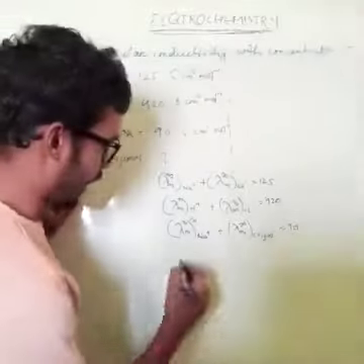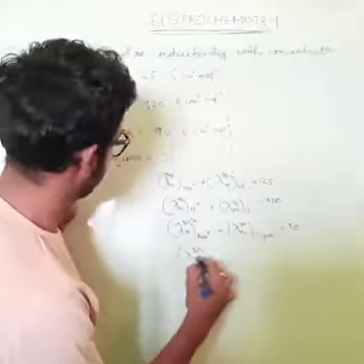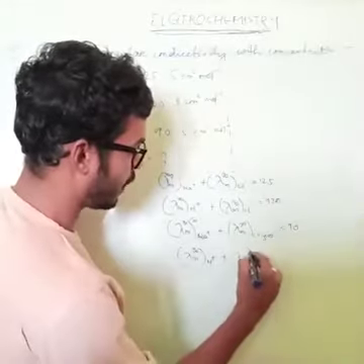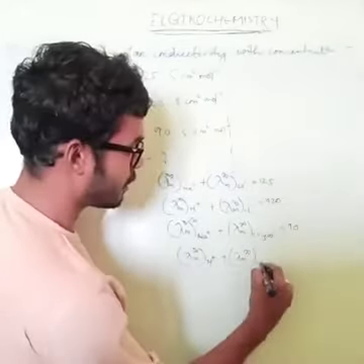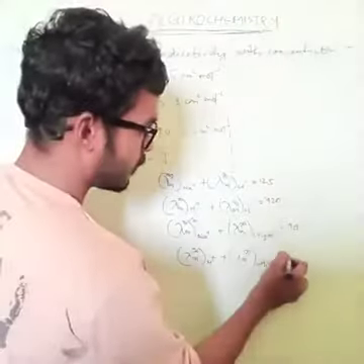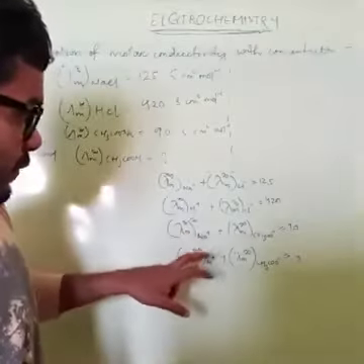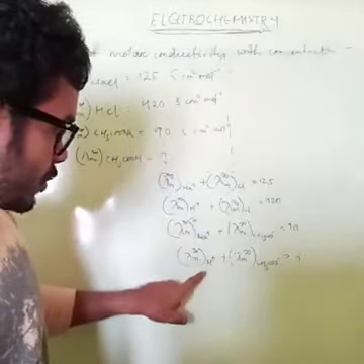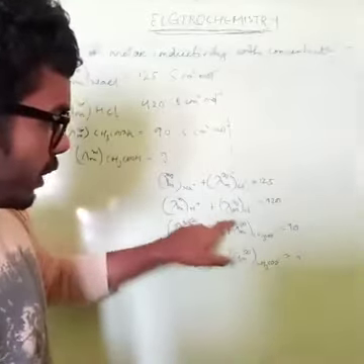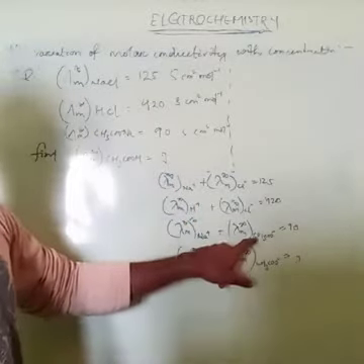So what has been asked is lambda m infinite of H plus plus lambda m infinite of CH3COO minus. This value is needed. How will you solve? Simply look, H plus you require, this value you need to know, and again this value you need to know. Yes or no?